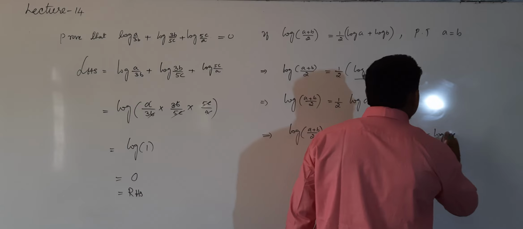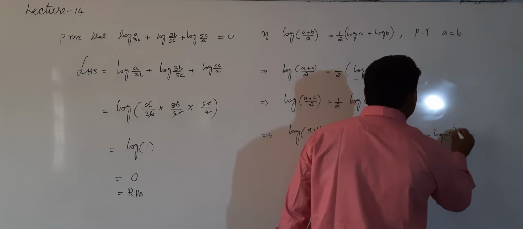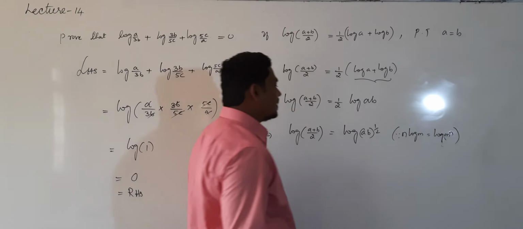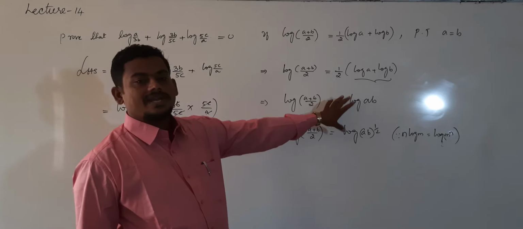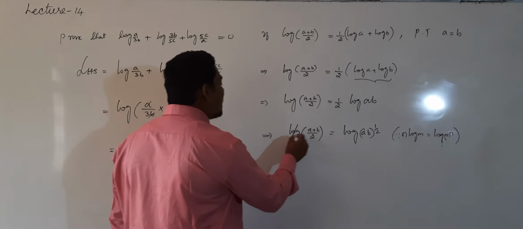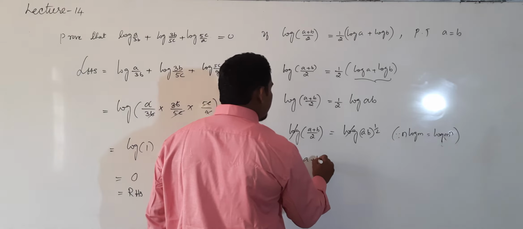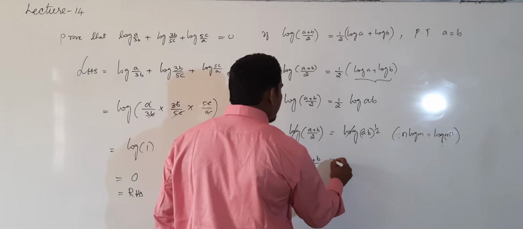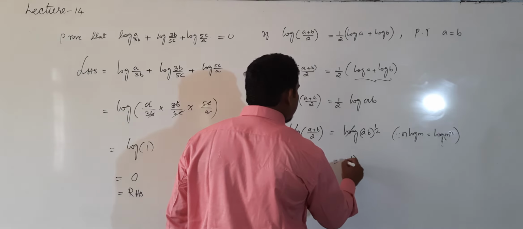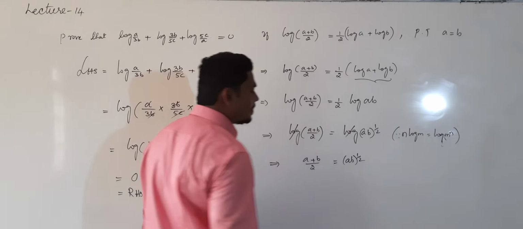In place of n we have 1 by 2. Now both the sides log will get cancelled. We remain with (a plus b) divided by 2 is equal to (ab) power 1 by 2.